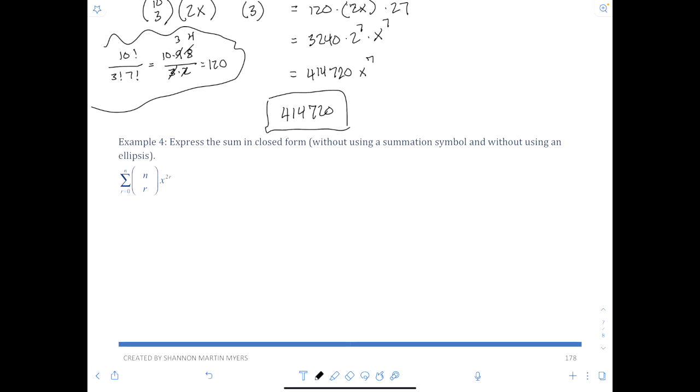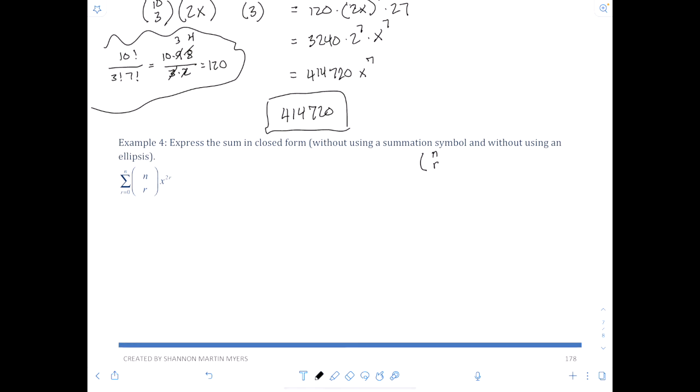So just on the side, the summation from r equals 0 to n of n choose r, I'm just going to write it as a raised to the n minus r times b raised to the r.